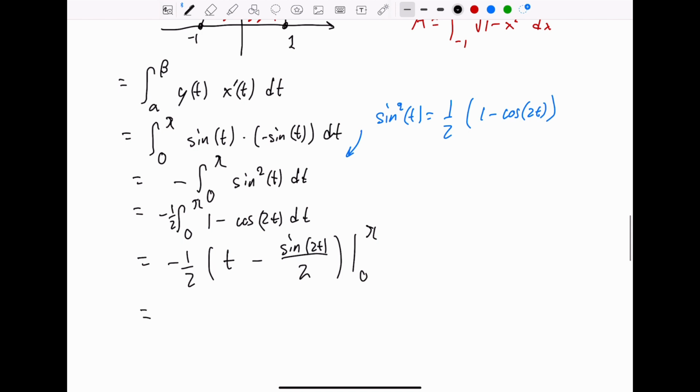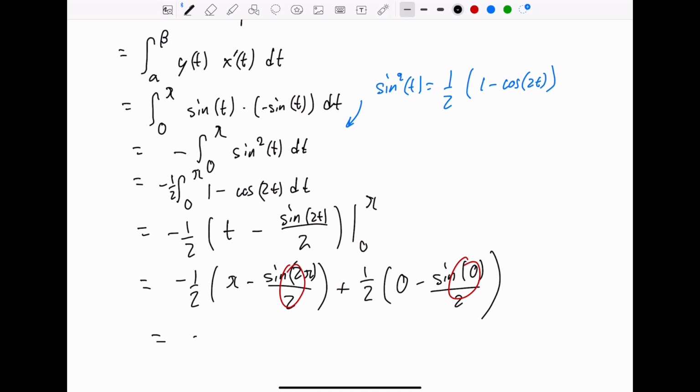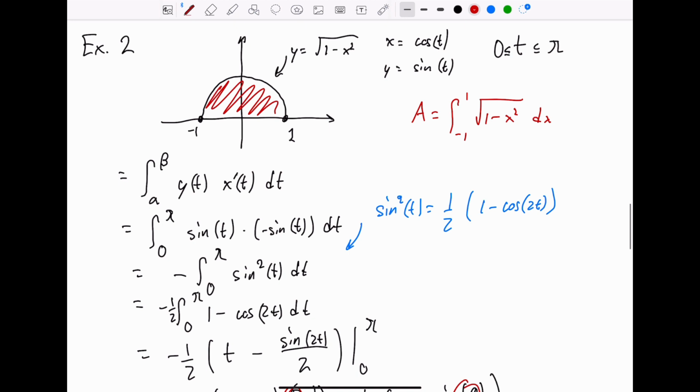So we first put in the pi: negative 1/2 times pi minus sine of 2 pi divided by 2, minus negative 1/2, so minus a minus is a plus 1/2, times 0 minus sine of 2 times 0 is 0, divided by 2. Now, sine of 2 pi is 0, so this fraction is just 0. Sine of 0 is 0, so that fraction is 0. So the value that we get here is negative pi over 2. So going back up to our picture, we found an area here of negative pi over 2.